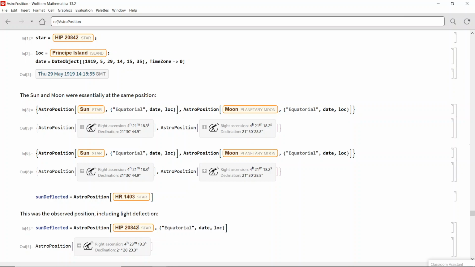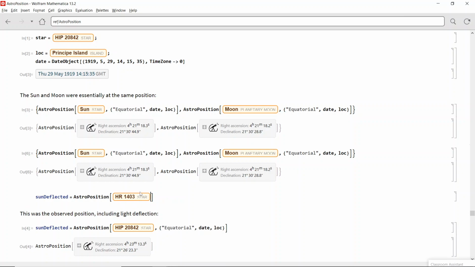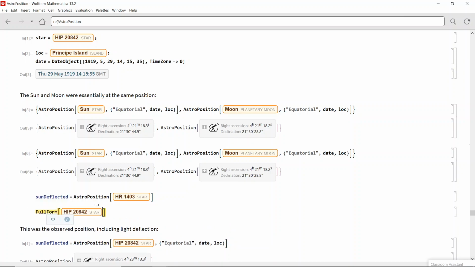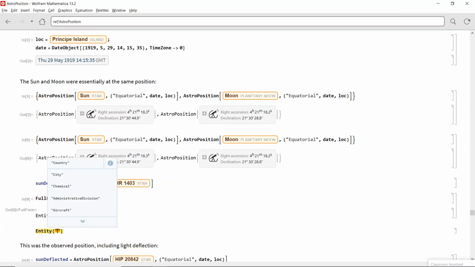G star. HIP 20842. Entity star HIP 20842.